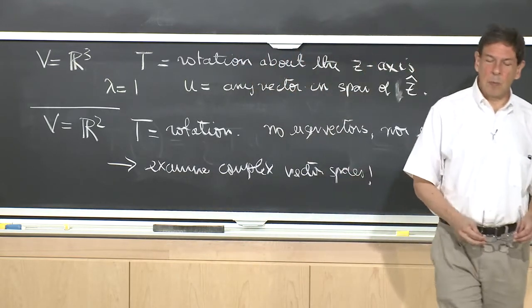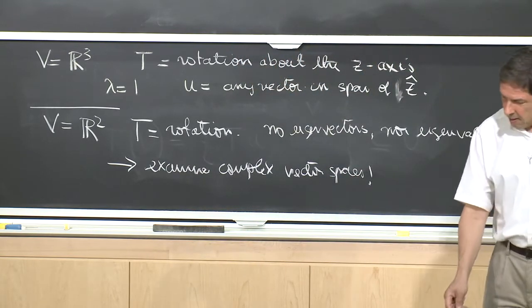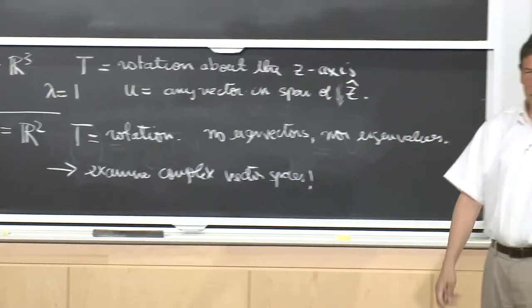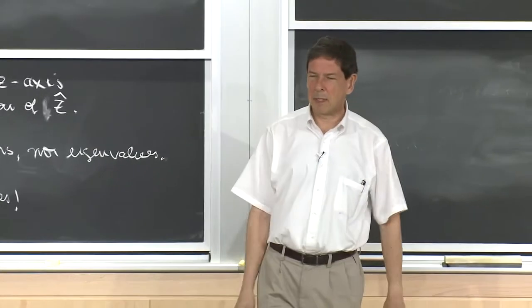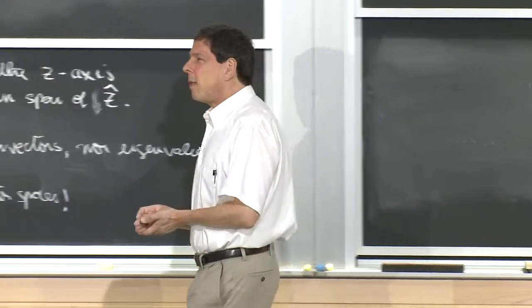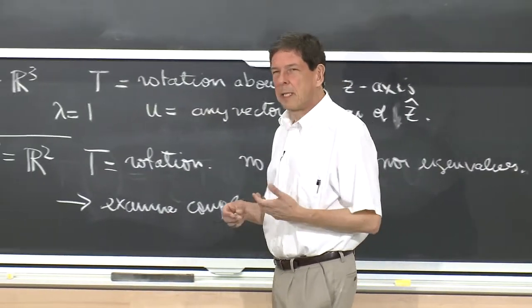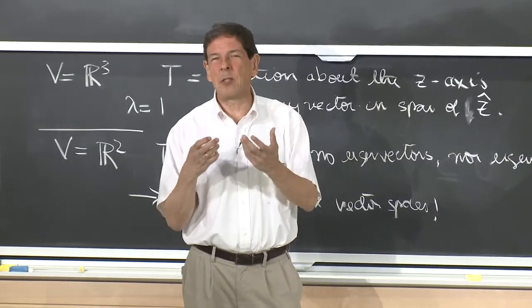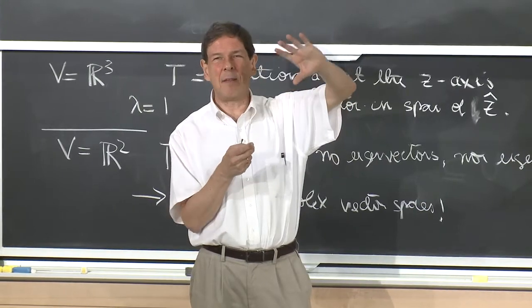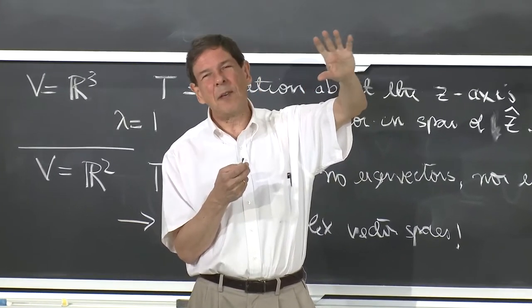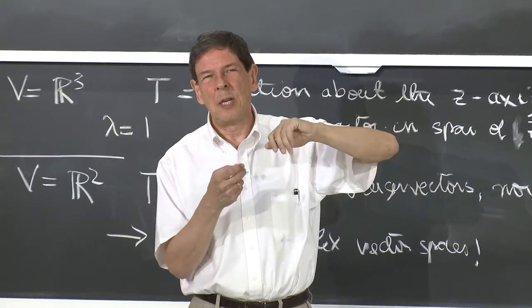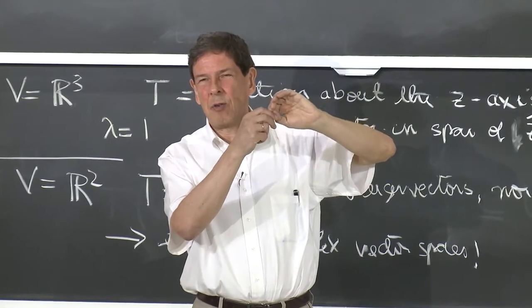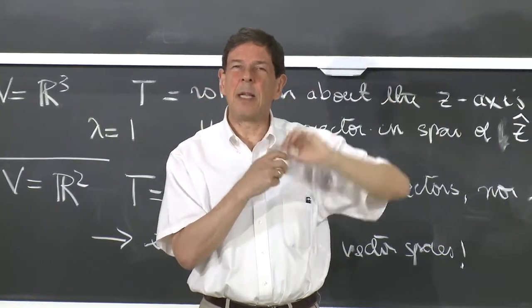All right, so if we get more eigenvectors, what happens? Now, the one piece of intuition that is very nice to have is that if you have eigenvectors for different eigenvalues, these eigenvectors tend to be linearly independent.